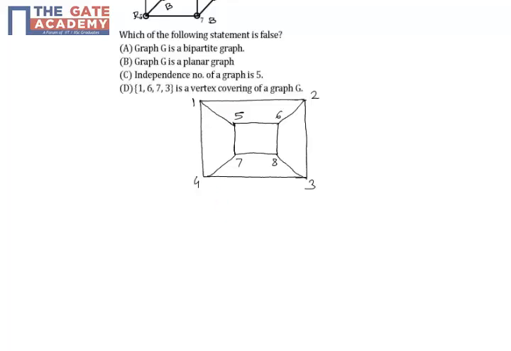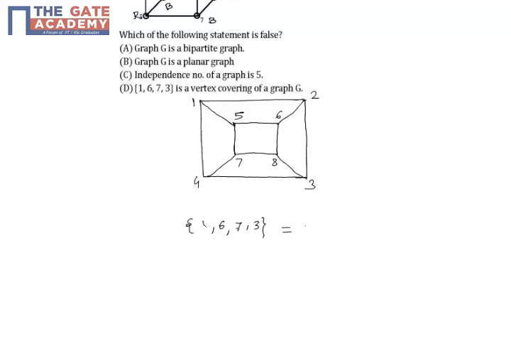So if we look at the graph, the independent set becomes 1, 6, 7, 3, since no two vertices among these are adjacent to each other. If we add any of the other 4 vertices in this set, then it no longer becomes an independent set.